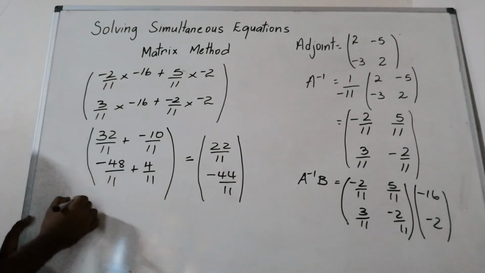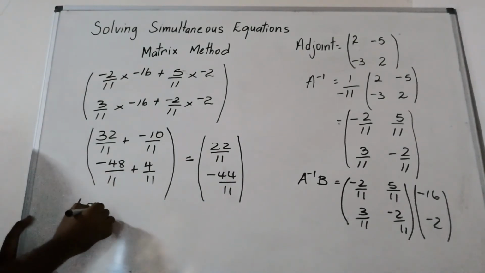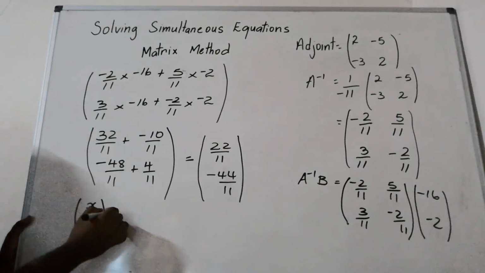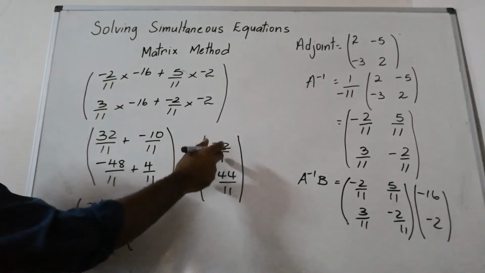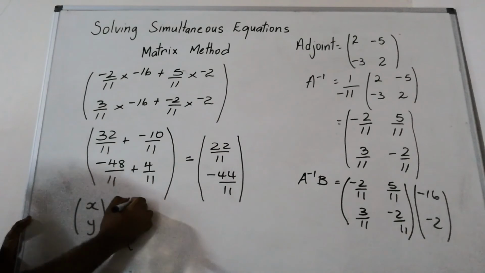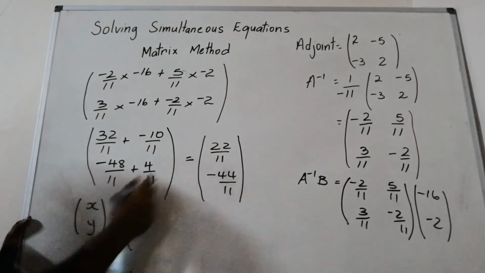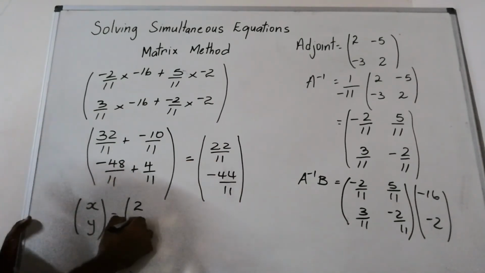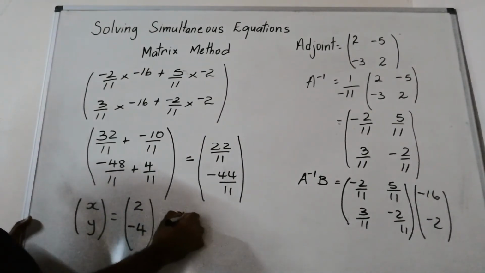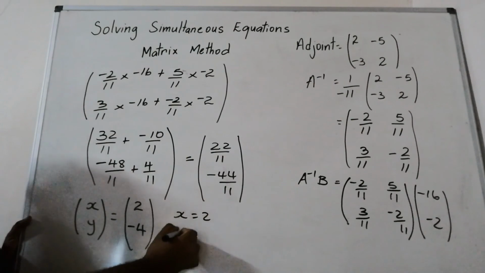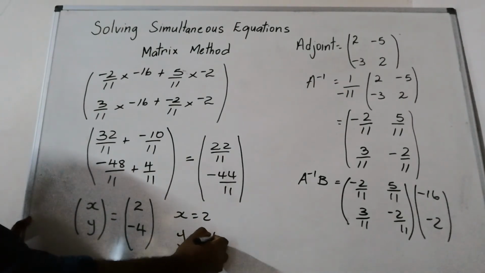Now, remember, that gives us x and y is equal to 22 divided by 11 will give us 2, and negative 44 divided by 11 will give us minus 4. So that means x is equal to 2 and y is equal to minus 4.